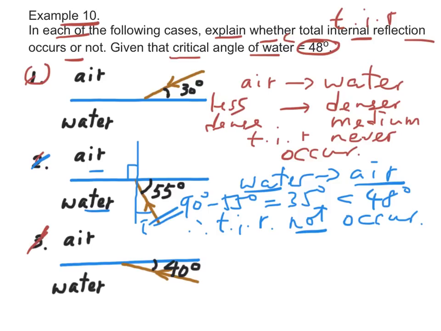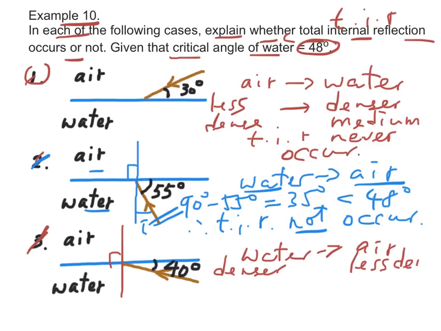For case 3, the light wave travels from water to air, which is from a denser medium to a less dense medium. Also, the angle of incidence I equals 90 degrees minus 40 degrees, which is 50 degrees.